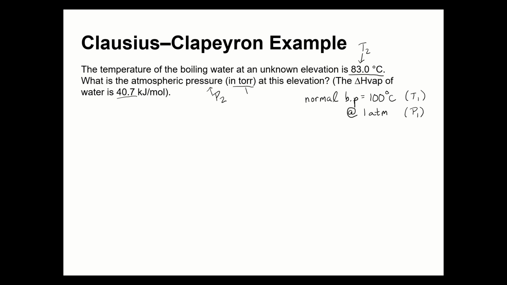Okay, so of course we need to make sure we convert all those units. Pressure we're going to leave alone, keep that in atmosphere for now. And temperature needs to be in Kelvin, right? So our T1 is going to be equal to 273 plus 100, so that's 373.15 Kelvin. And T2 is going to be that 273 plus 83, out to the tenths place.